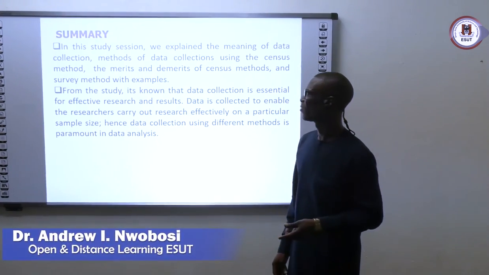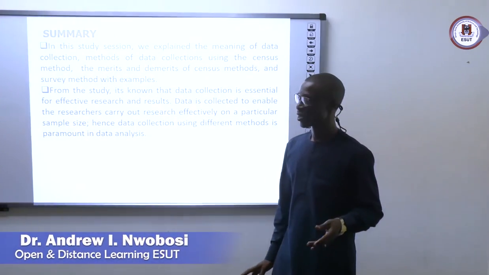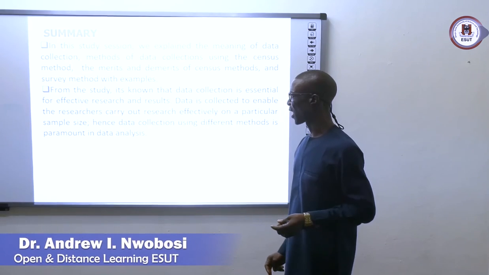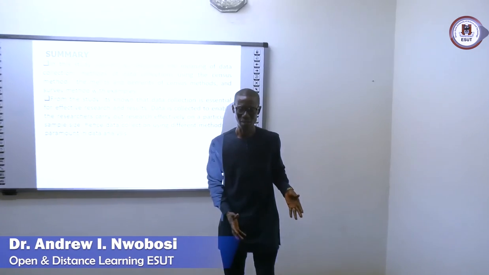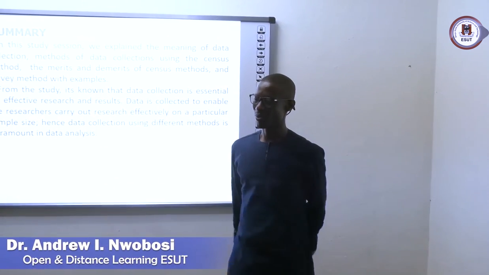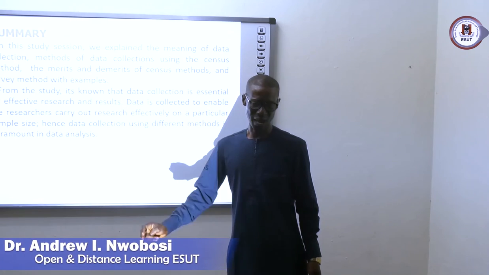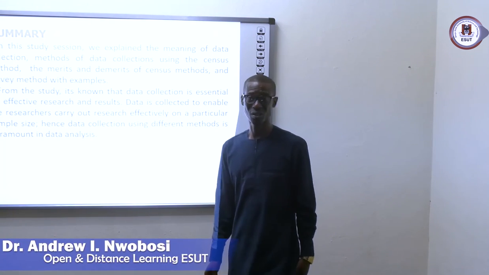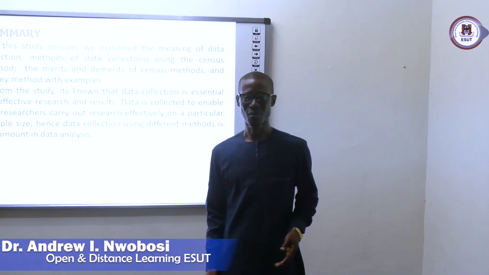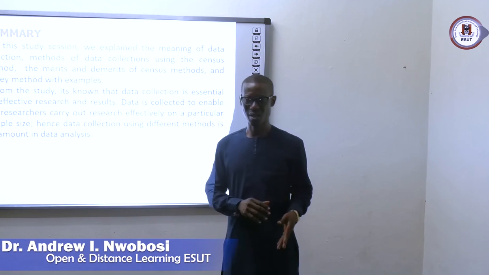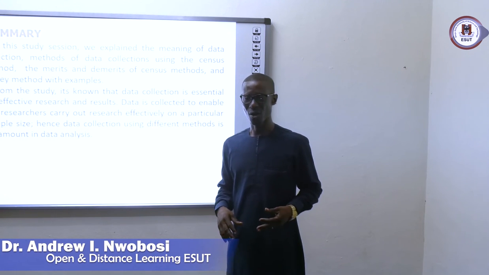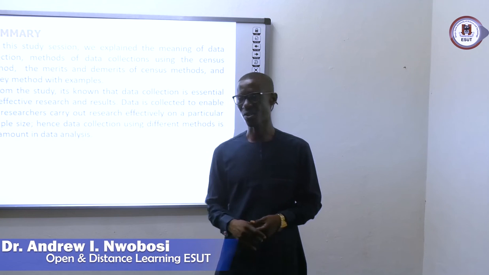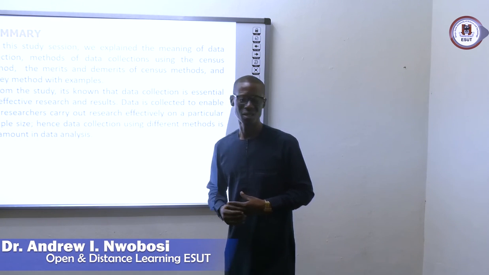So it's less expensive when compared to census, but somehow survey data gives less accurate data, because you use the information from a component to generalize what is happening to the whole. So these are two broad data collection types, but they differ in characteristics, in features, in method of data collection, and also in the cost of carrying out the survey.